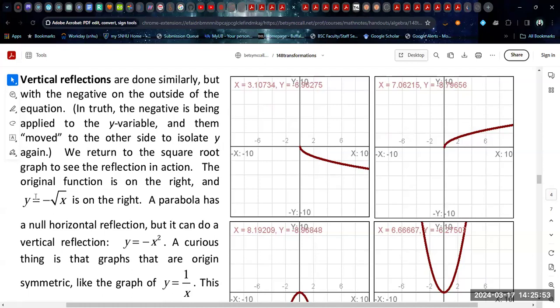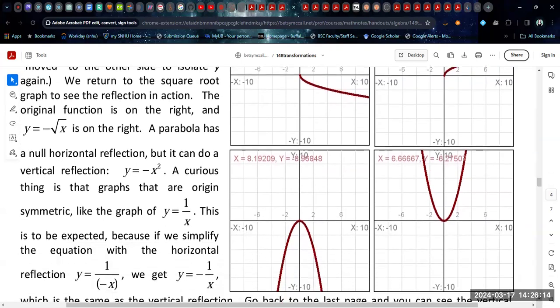So we're applying it to the outside of the function. If I apply a negative to the outside of the function, I take my square root of x and flip it over the x-axis. That's a vertical reflection. And it's now, instead of in the first quadrant, in the fourth quadrant.